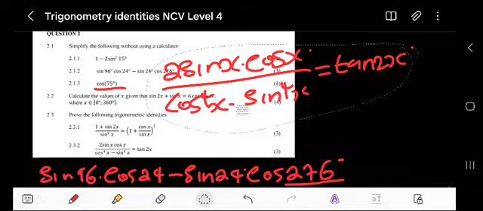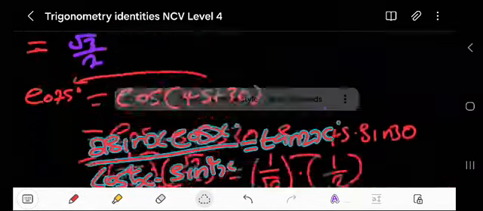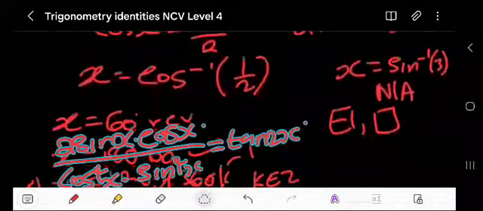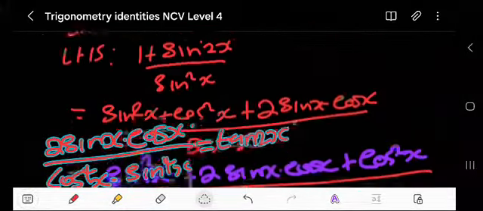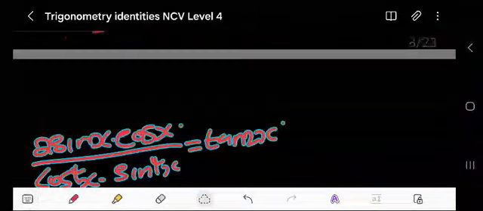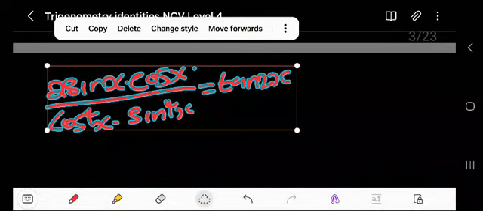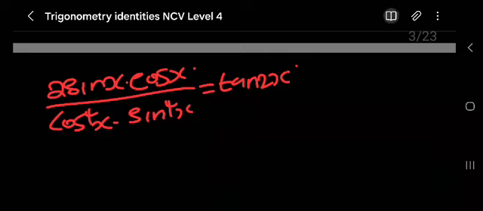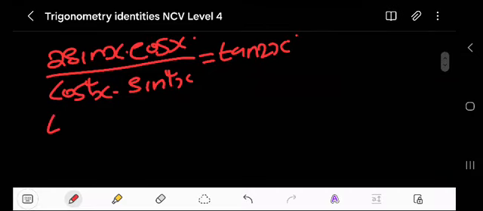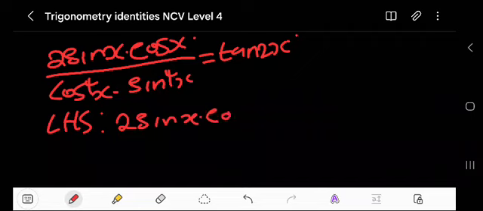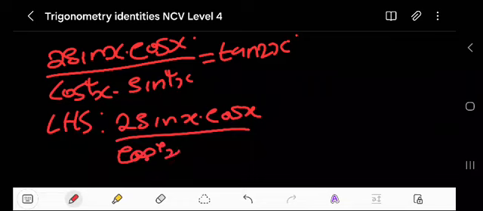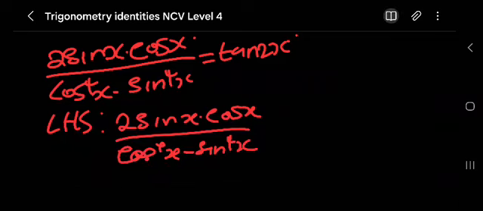This is what we're supposed to prove. I will choose the left hand side, which is 2 sine x multiplied by cos x all over cos power 4x minus sine power 4x.